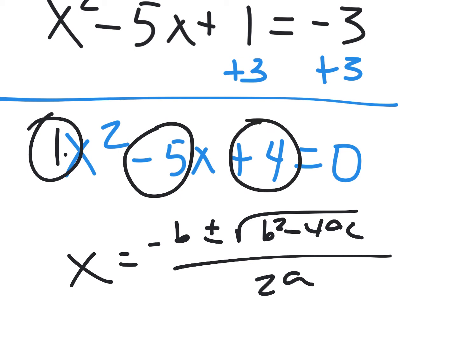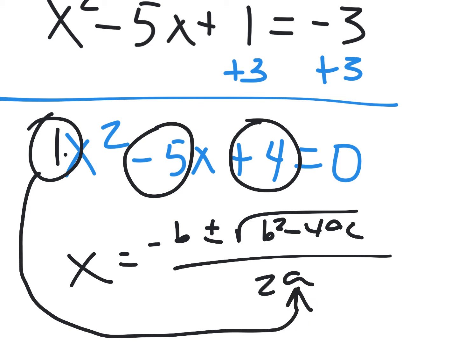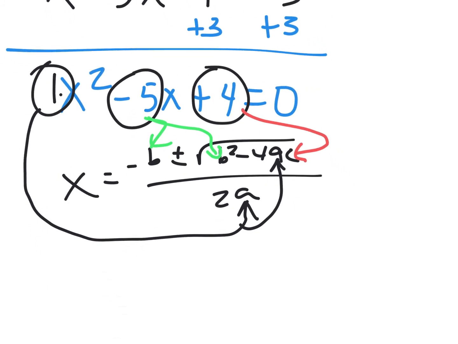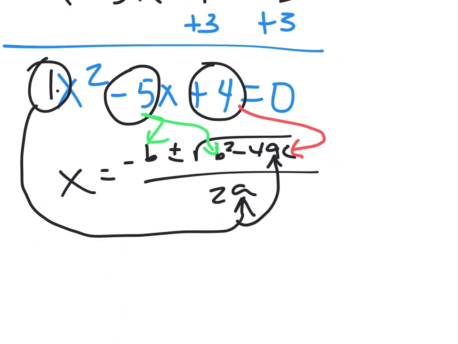This one is going to work out nice. When you put in a, b, and c, that's a, so that goes in there and there. This is c, so it only goes there. And this is our b, so it goes here and there. This is the hardest question on here.